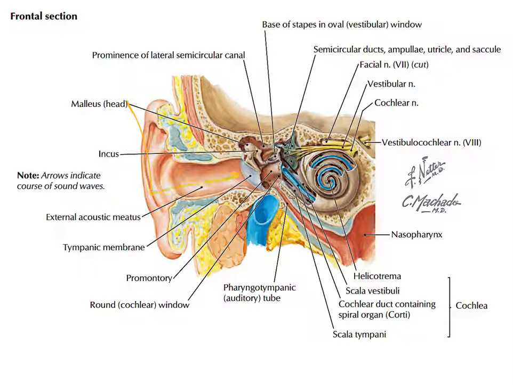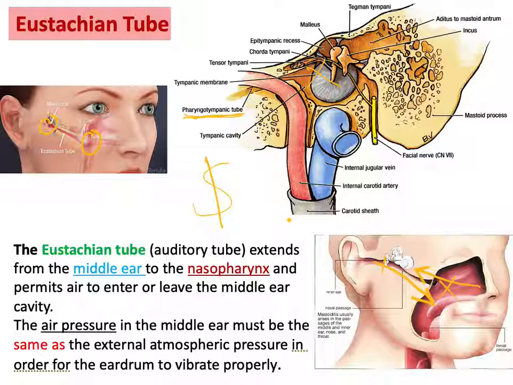So you have the air pressure from here laterally, and in order to make it equal on both sides of the tympanic membrane, we need air pressure to get in from the inside, and this is achieved through this very important tube, the eustachian tube, which is connected to the nasopharynx, and the air comes from there through the tube to the internal surface of the eardrum, or tympanic membrane.